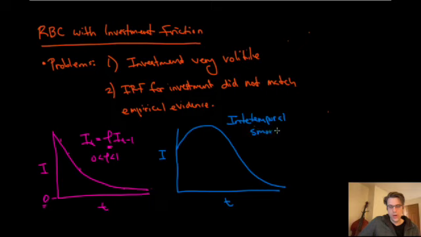Why? Because each value is something like a weighted average between today and yesterday. And we saw a plot like this in the RBC model for consumption. That comes from the Euler equation, which weights present and future consumption based on the rental rate of capital.